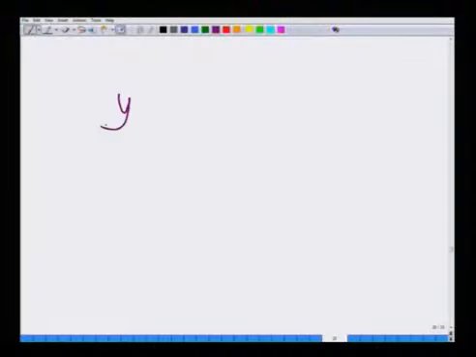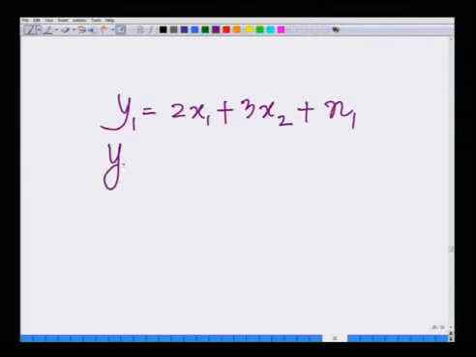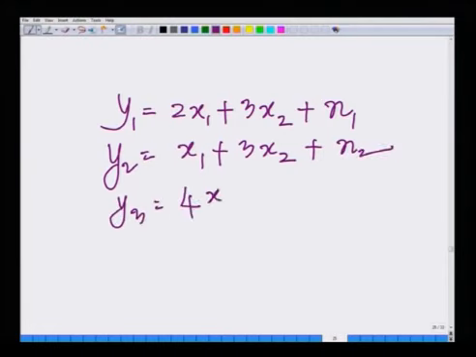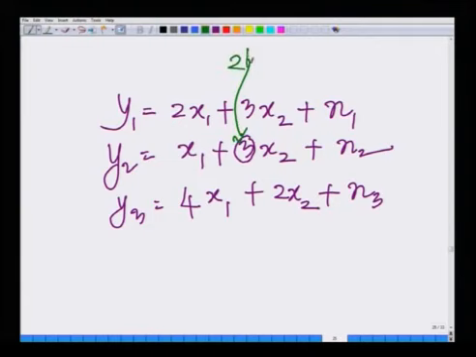In fact, I can write this set of equations as y1 equals 2 x1 plus 1 x2 plus n1, y2 equals 4 x1 plus 3 x2 plus n2, y3 equals 3 x1 plus 2 x2 plus n3. If I pick any random number, for instance, look at this 3, this is the coefficient between the second transmit antenna and the second receive antenna.